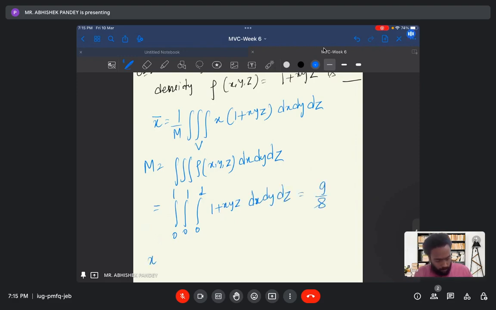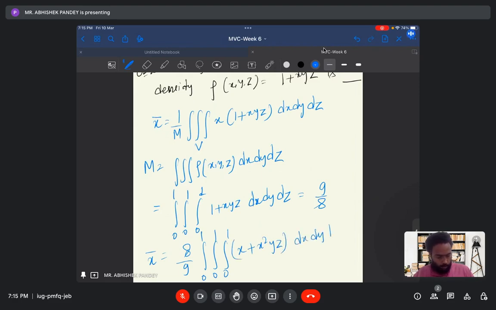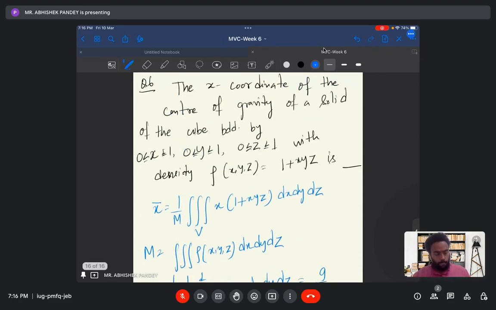So x bar is nothing but 8 by 9 times the integral over 0 to 1, 0 to 1, 0 to 1 of x plus x square yz dx dy dz, and after calculating this, you will get 14 by 27. Okay. So just based on the formula.